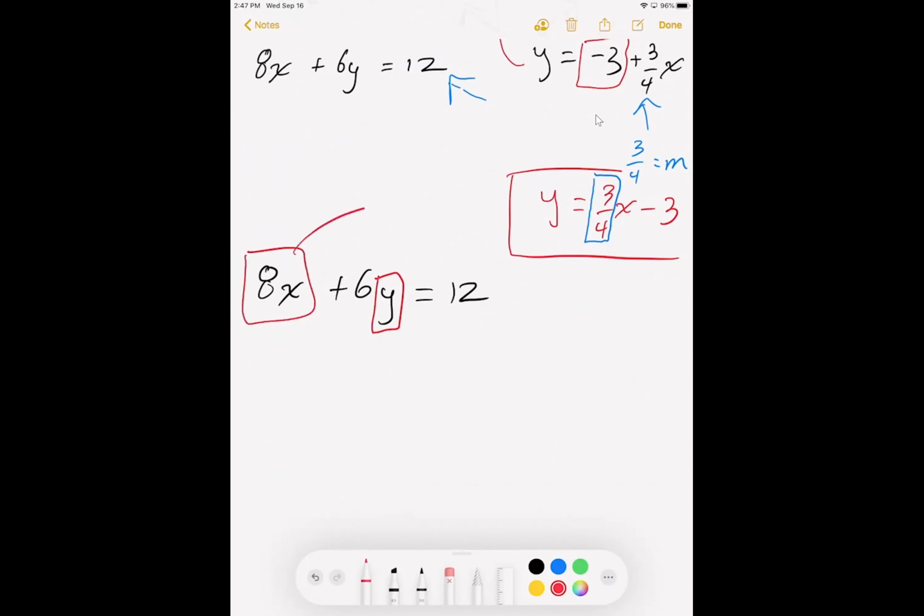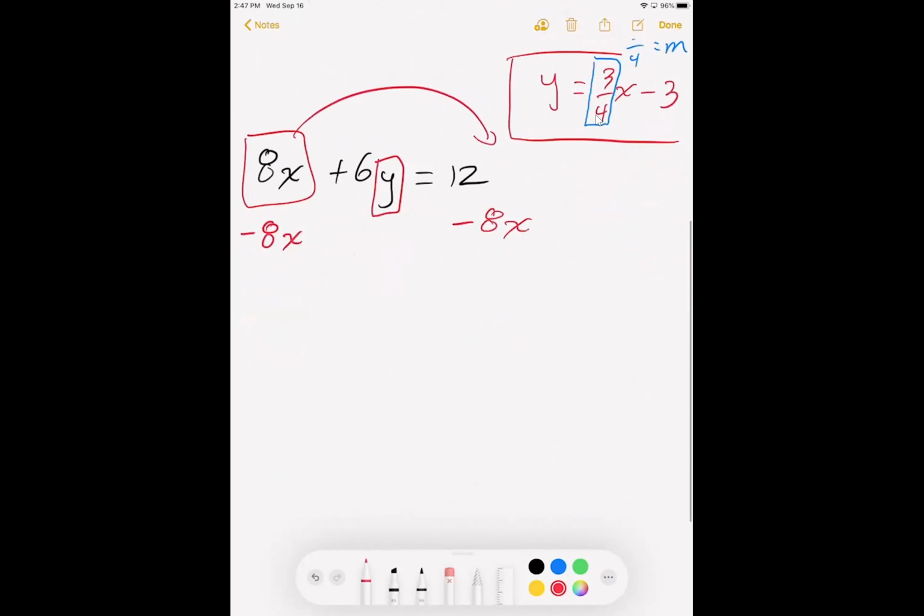I want to move my 4x over, and to move my 4x over, do you agree that I subtract 4x? If I subtract 4x, I have 6y equals, to make it easy, 12 minus 4x. Again, if you want to put negative 4x plus 12, that is fine.